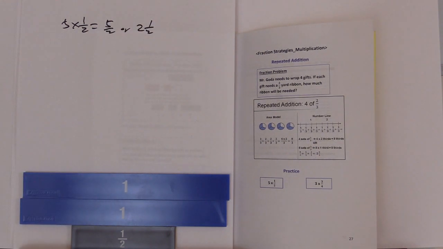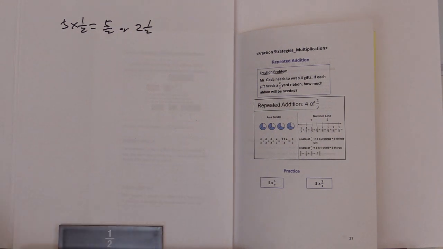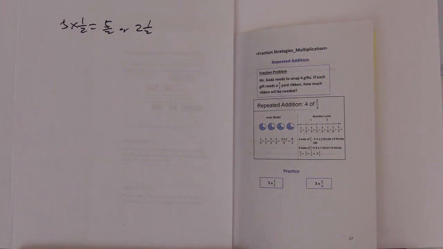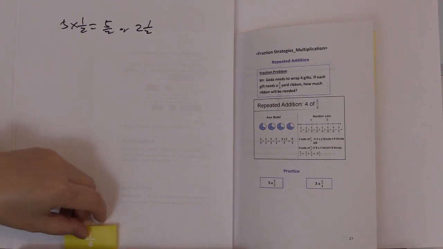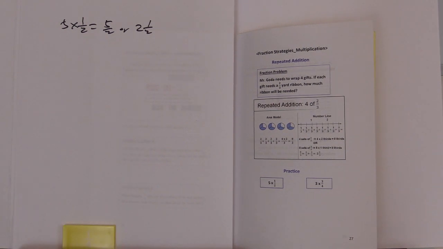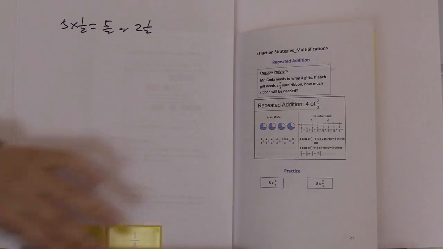Okay, good. What about the next one? It's 3 groups of 3/4, right? So here's my fourth in here. And 3/4, I'm going to have 1/4, 2/4, 3/4, right?